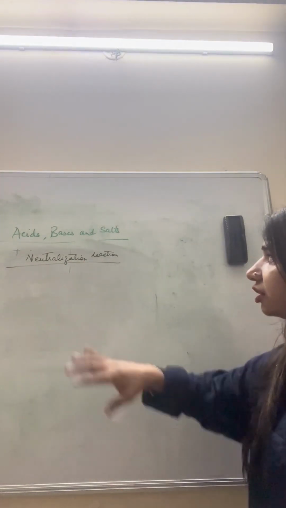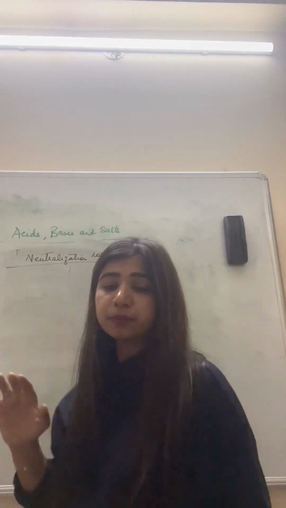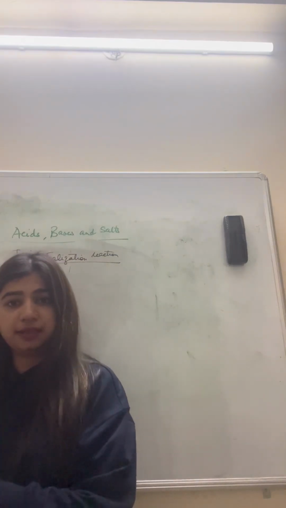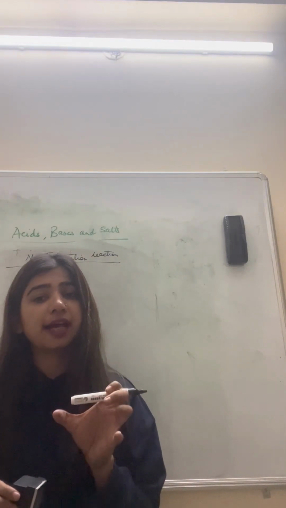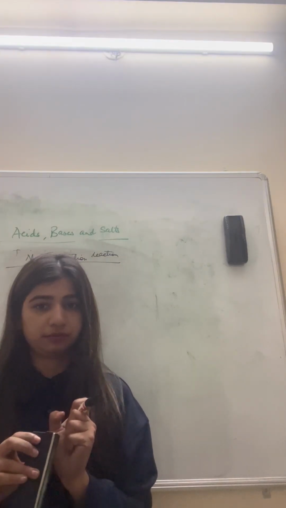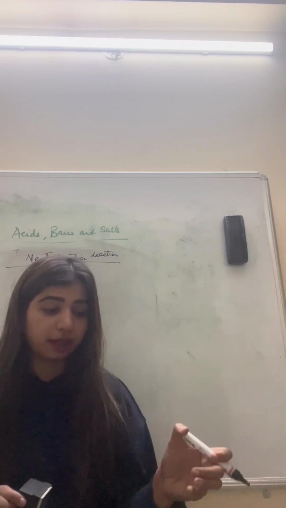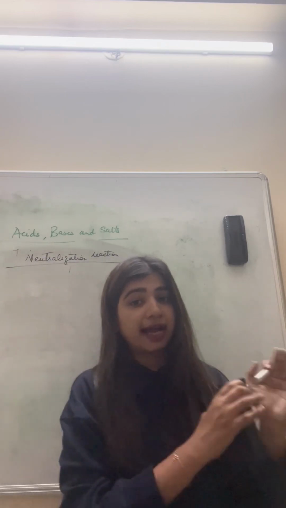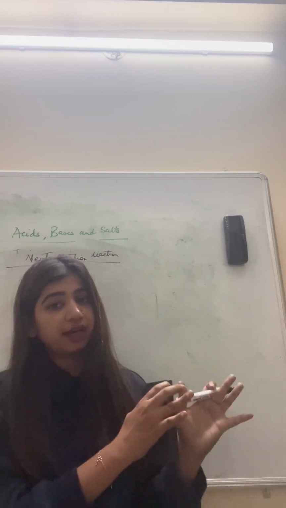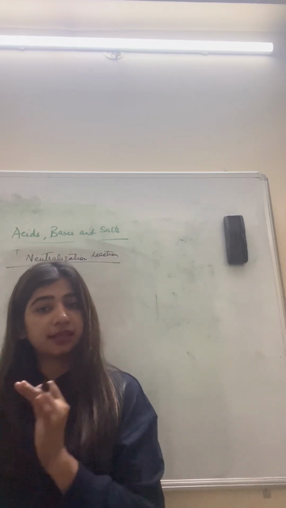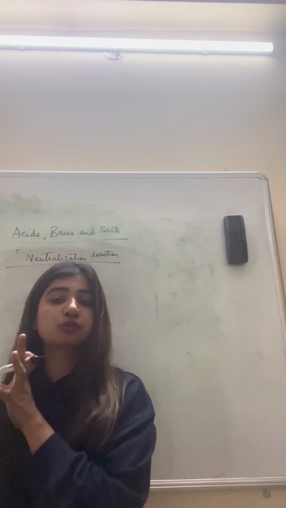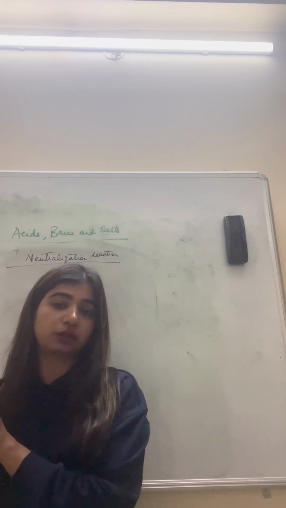So in neutralization reaction, what we see is that both acid and base neutralize the effect of each other. So how? If we are adding acid and base in a suitable quantity, we get salt and water.